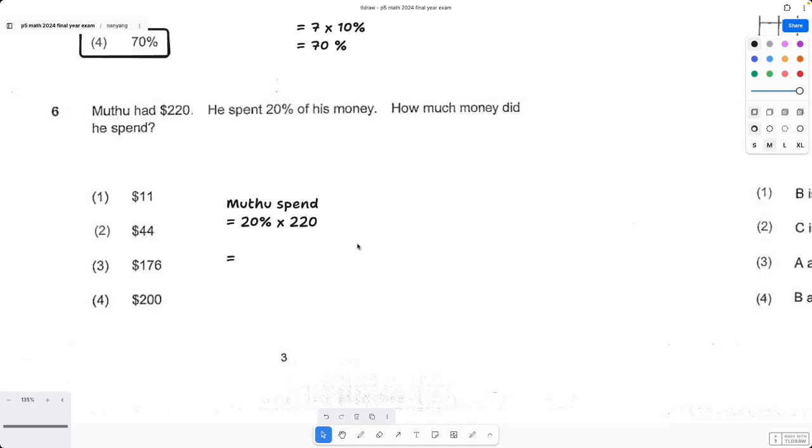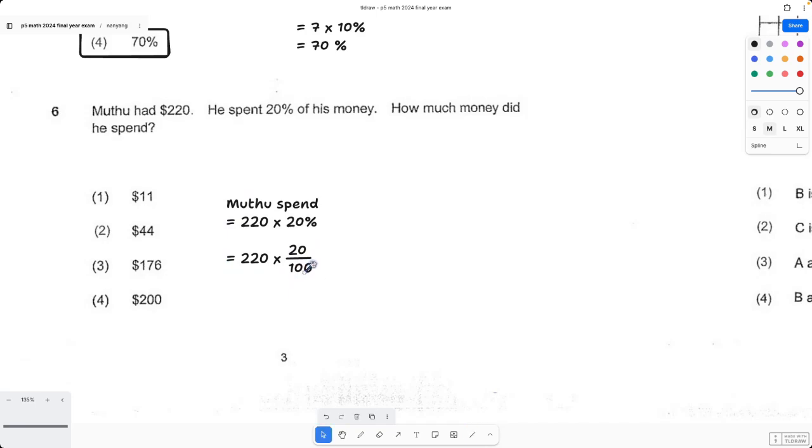So this is equal to 20 out of 100. Then you multiply this. Let me put this as 220 multiplied by 20%. So this is the same, 220 multiplied by 20 out of 100. That's what you see over here. Now you just simplify this.